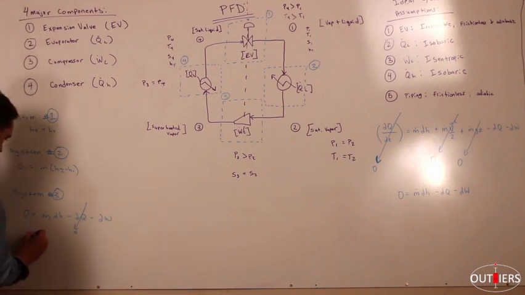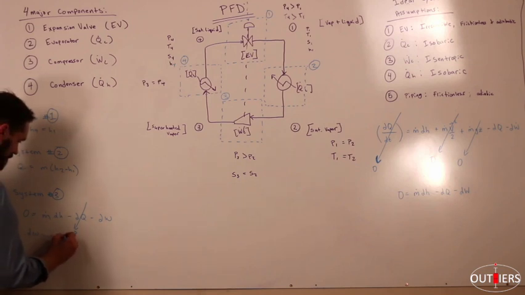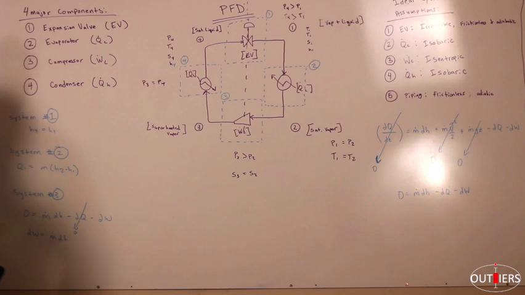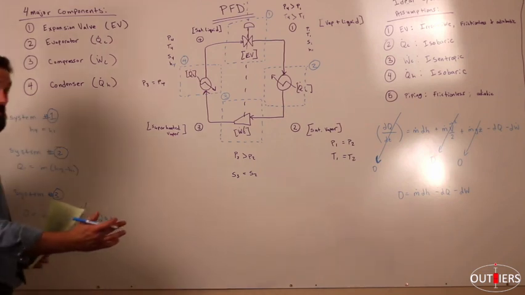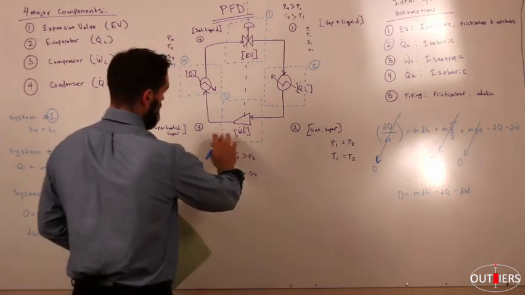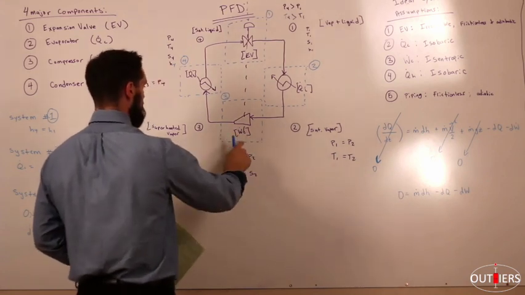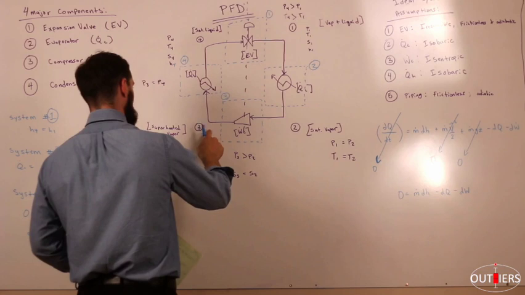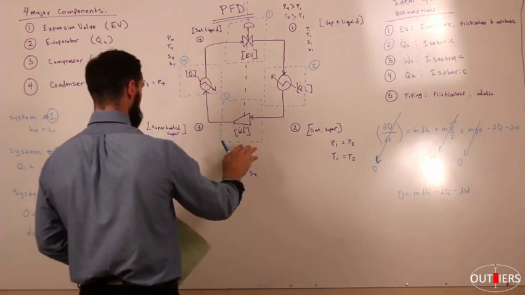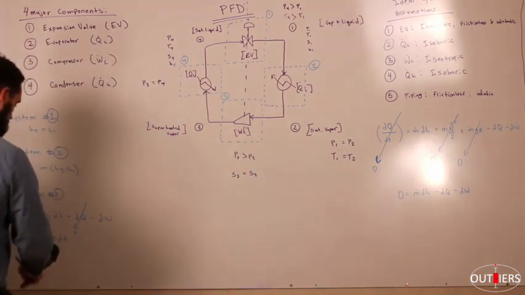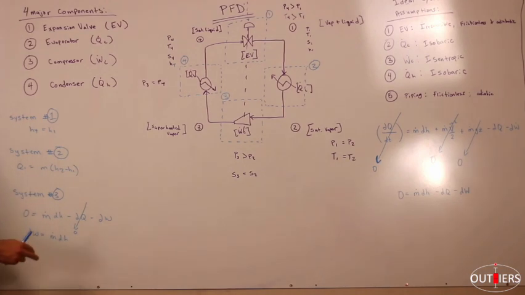The change in work is directly correlated to the change in enthalpy of the system. That should make sense. The only thing happening here between state 2 and state 3 is work being done to the system, so the change in energy of the system should be directly correlated to the change in work.